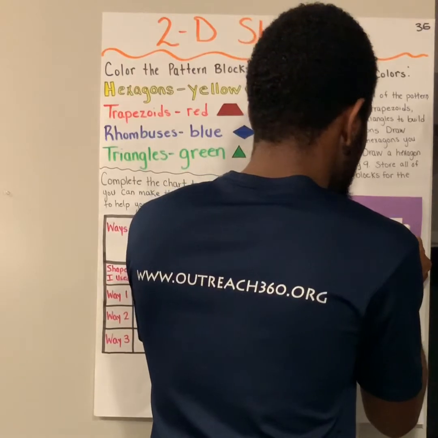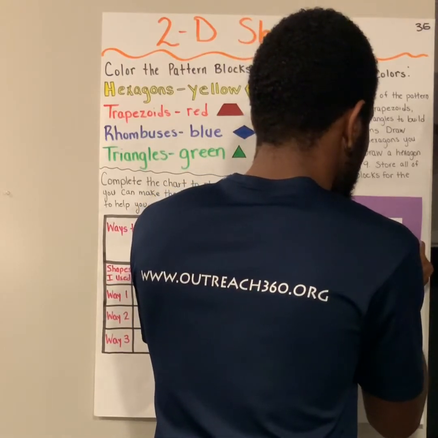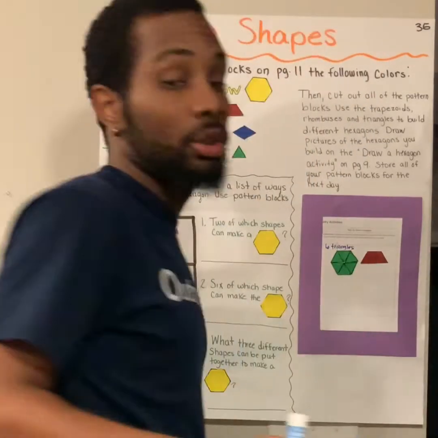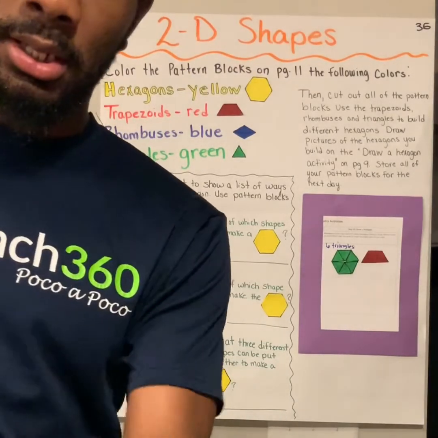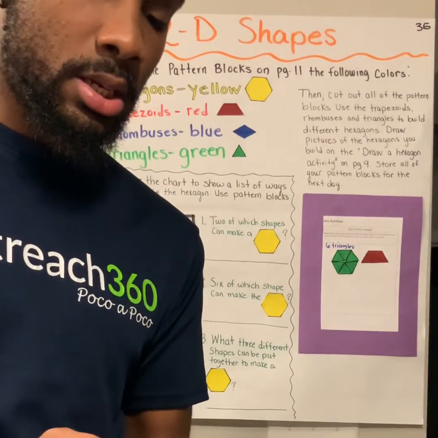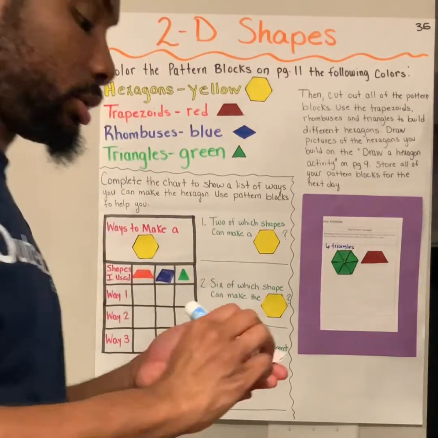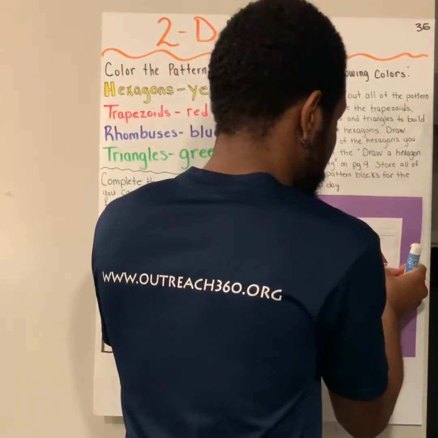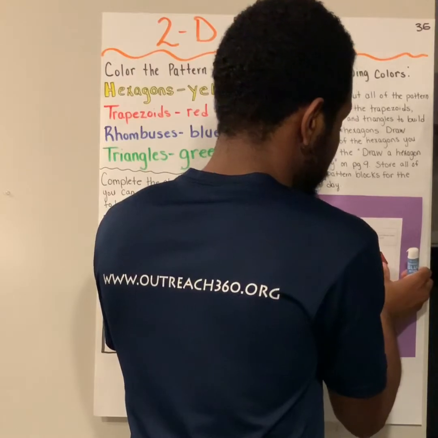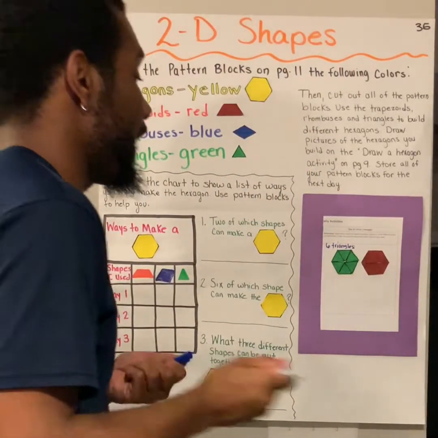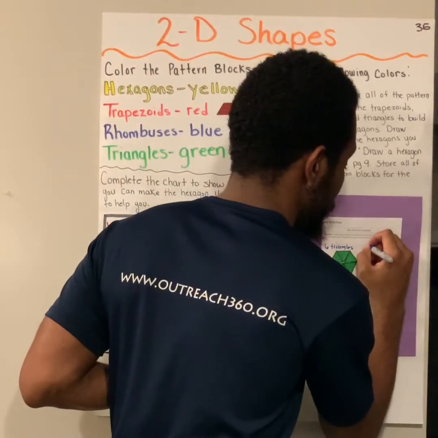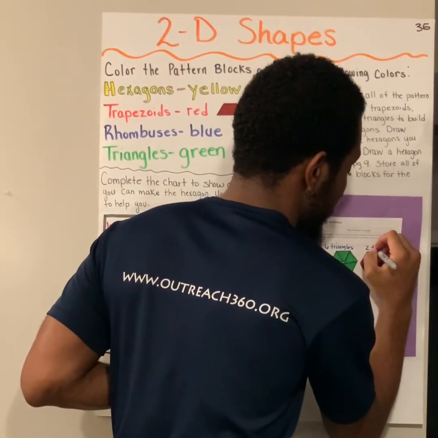So it told me 2 trapezoids would make a heptagon as well. And I use my 2 trapezoids. What do I have? A heptagon. So I'm going to put 2 trapezoids.